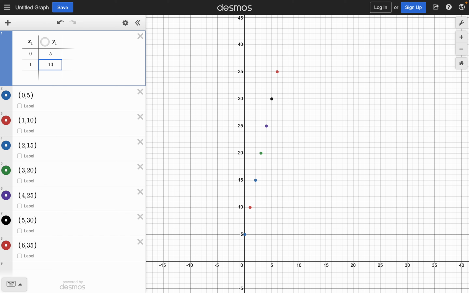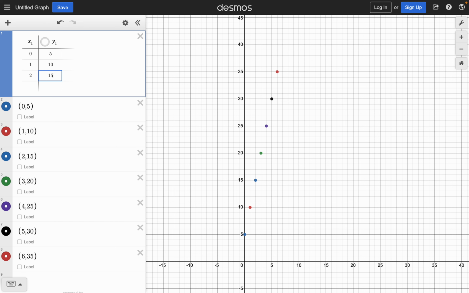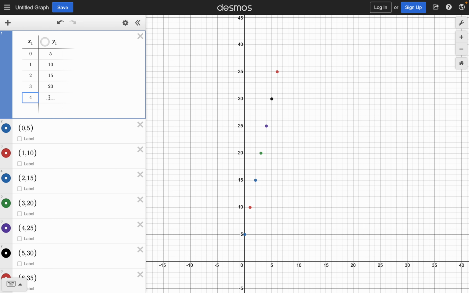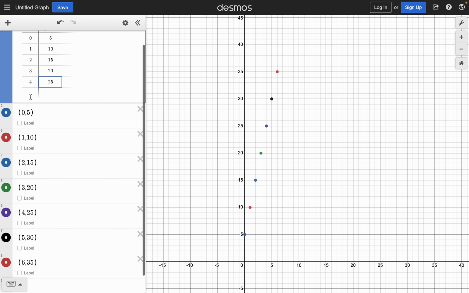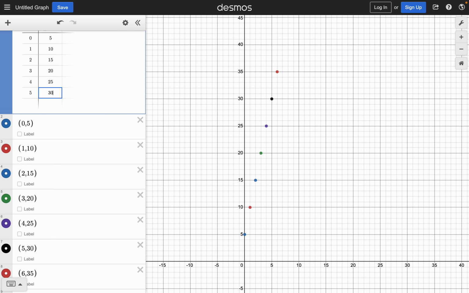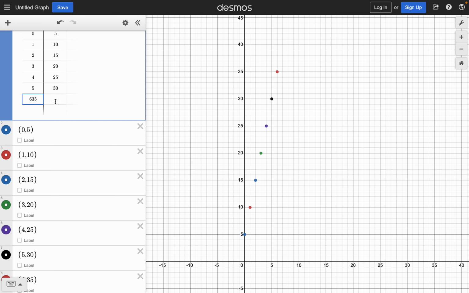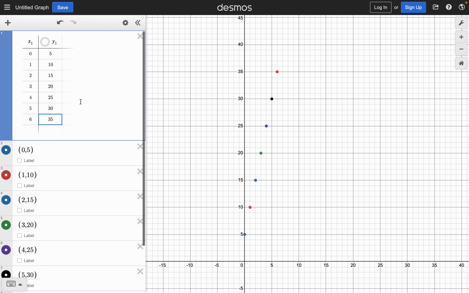So 0, 5, 1, 10, 2, 15, 3, 20, 4, 25, 5, 30, and 6, 35. I'm going to try to graph this and see whether this is exactly the same as the points that we just put in. And yeah, if you connect the dots, this is what your equation will look like.